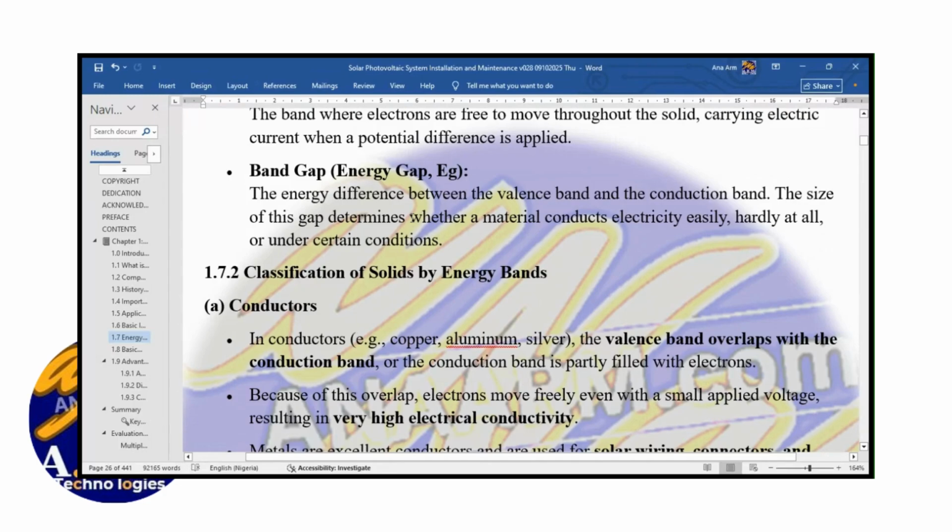Then the band gap. The energy difference between the valence band and the conduction band is the band gap or energy gap. The size of this gap determines whether a material conducts electricity easily, hardly at all, or under certain conditions.